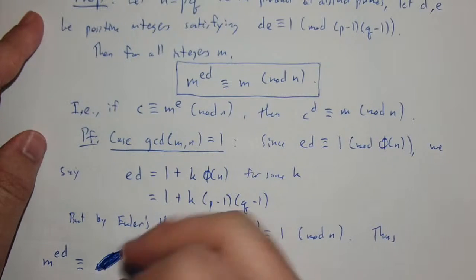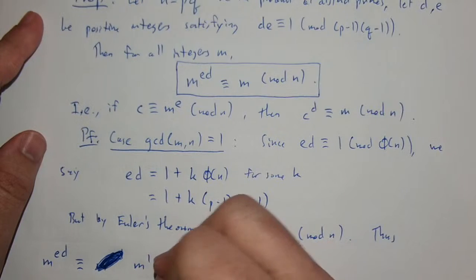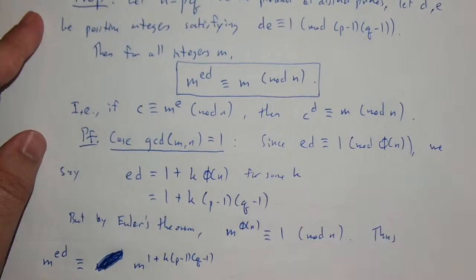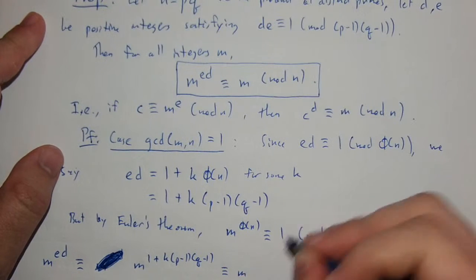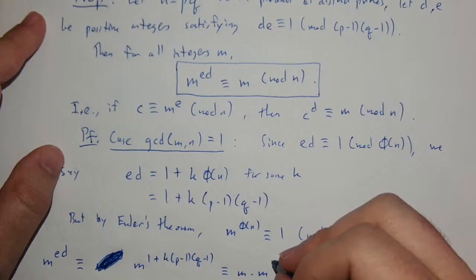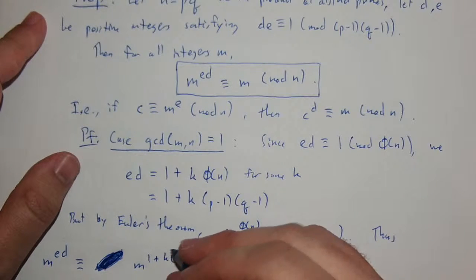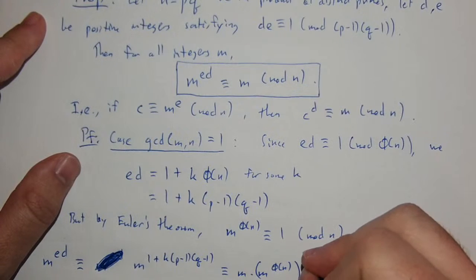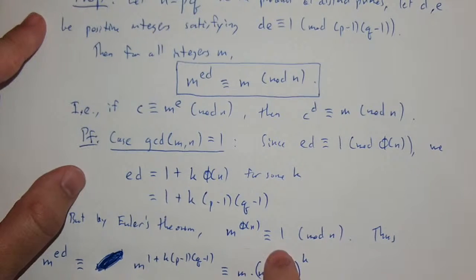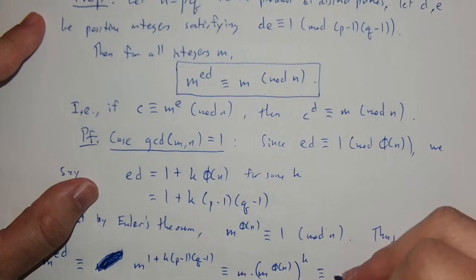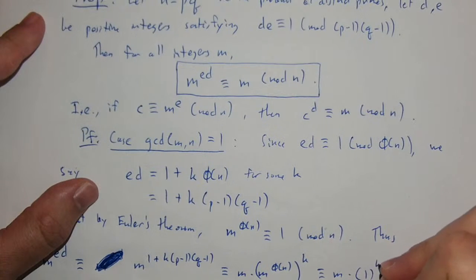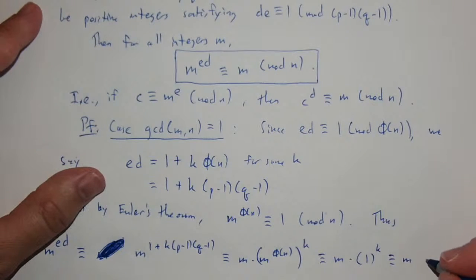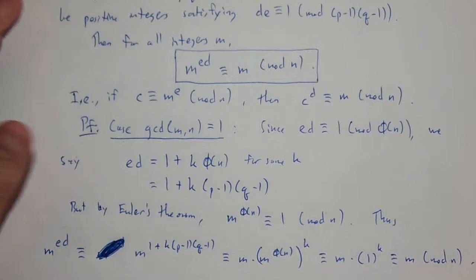I want to write m to the 1 plus k times (p minus 1)(q minus 1), which I can write as m times m to the phi of n, to the k. But m to the phi of n is congruent to 1 mod n, so this is m times 1 to the k mod n, so this is congruent to m mod n, which is exactly what I wanted to show.